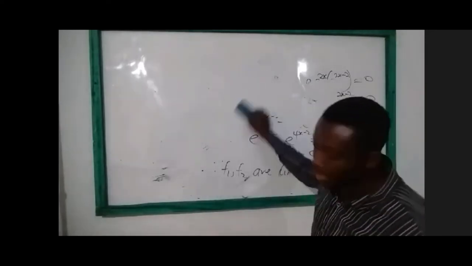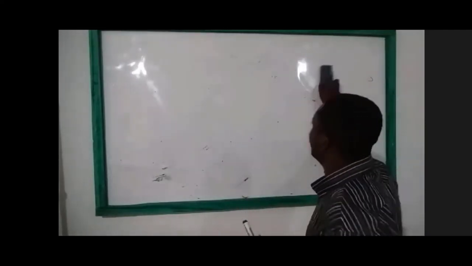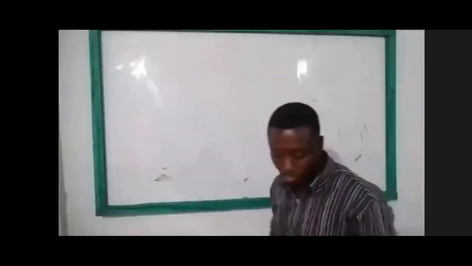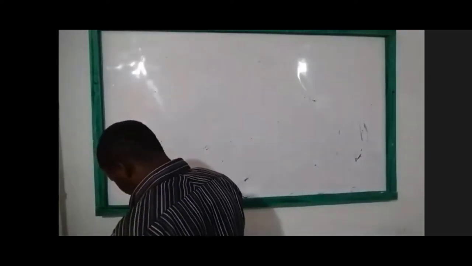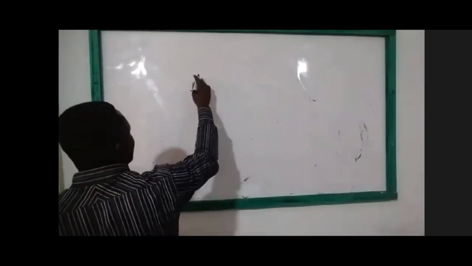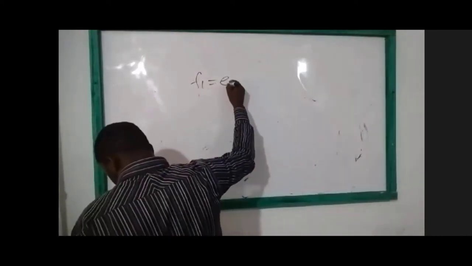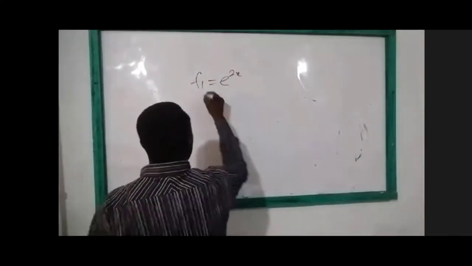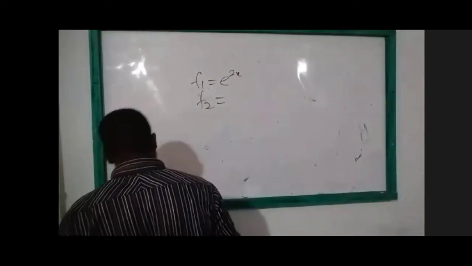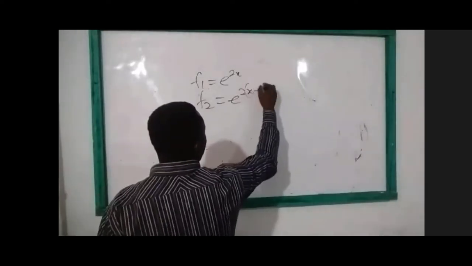We are taking the same example. We are using the same functions. And then we move to rank of set of vectors. So the function that was given was F1 equals exp(2x), and then the second function is exp(2x) multiplied by (x minus 1).